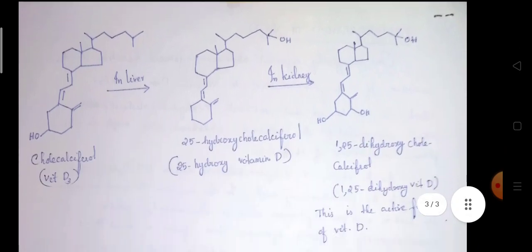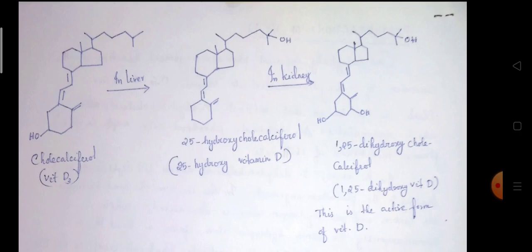And the hydroxylations taking place in the liver and kidney are shown here. The cholecalciferol, that is vitamin D3, in liver is undergoing hydroxylation at the 25th position, as the OH group comes at the 25th position. That is, 25 hydroxy cholecalciferol is forming in the liver.